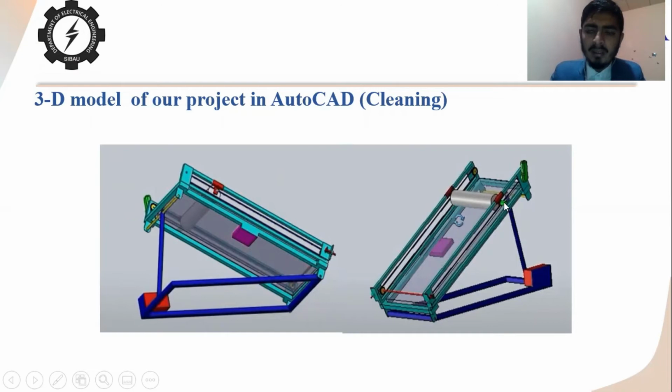And here is the roller brush, which will be rotating over the surface of the panel for cleaning the dust. And this is the box, the controlling box. All the controlling system will be placed here in the box.